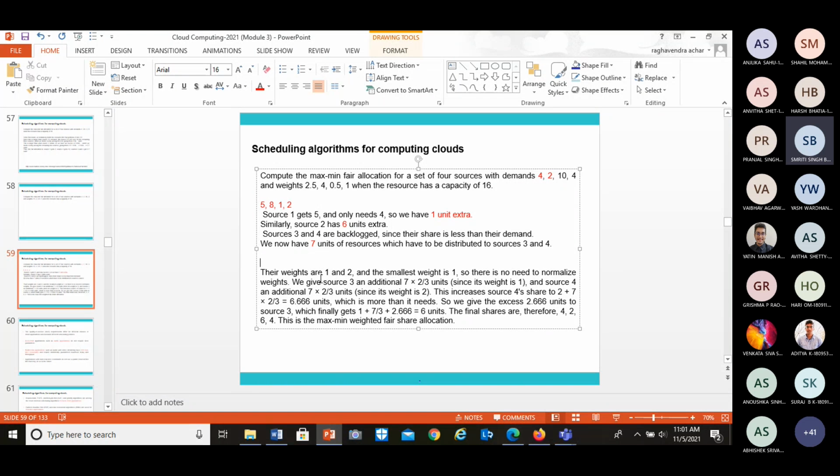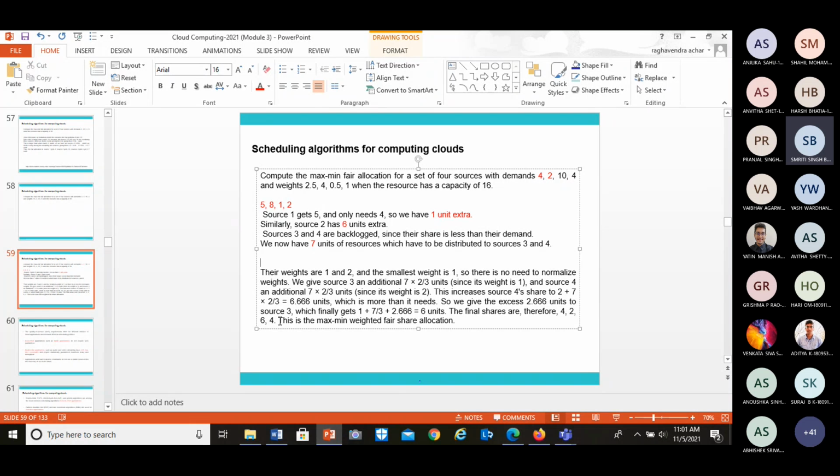Now how much will they get? What is the value? Yes, 1/3 of 7 and 2/3 of 7. So 7 by 3, and the second one is 14 by 3.